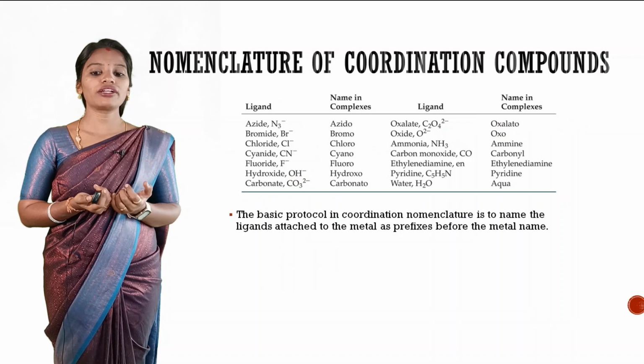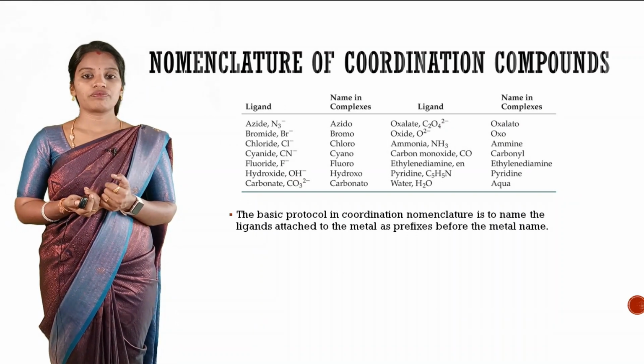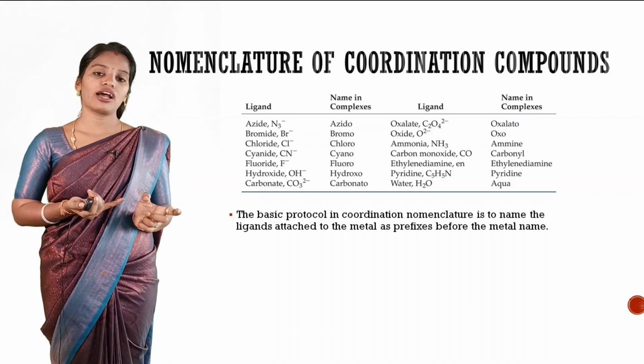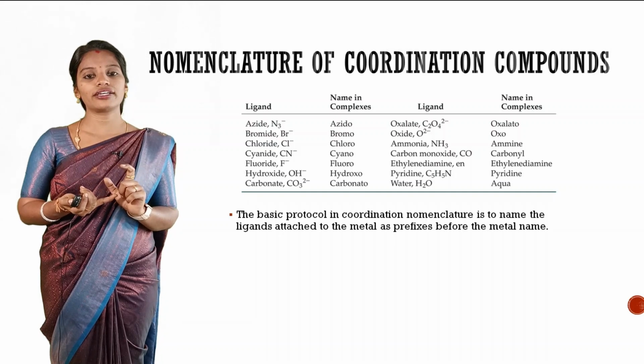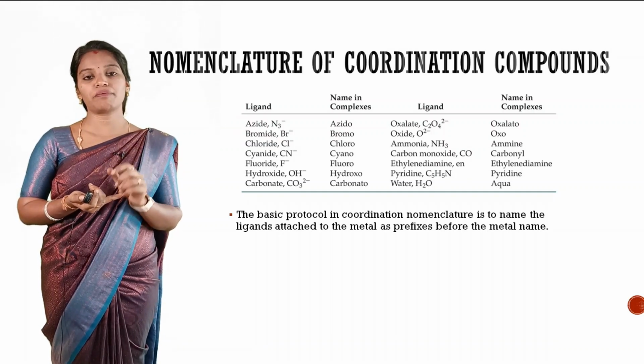And then nomenclature of coordination complexes. From this you must know how to write the name of the complex and how to write the complex formula. Two things you have to keep in mind.